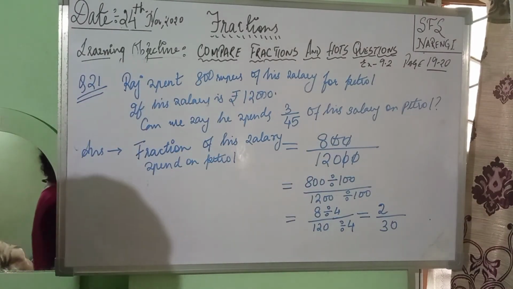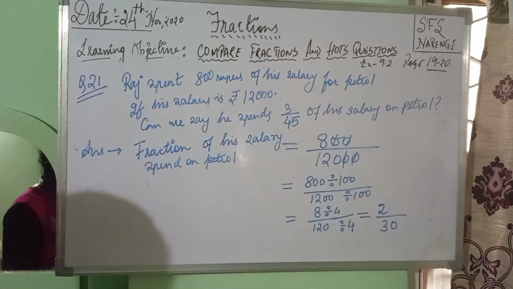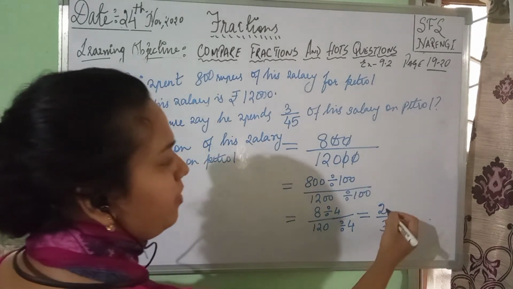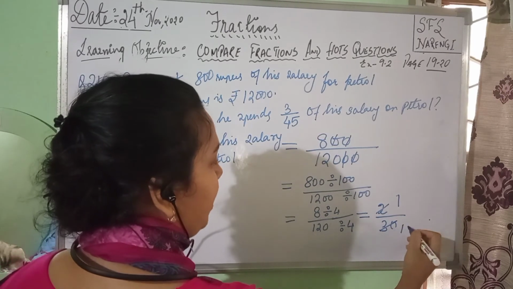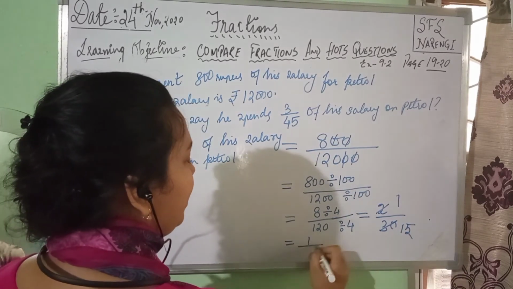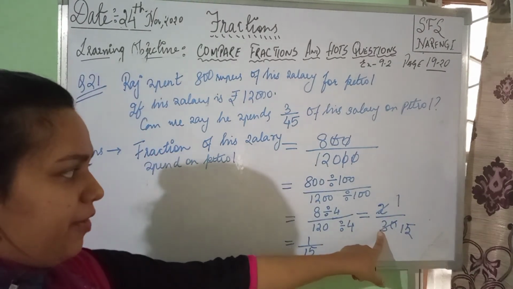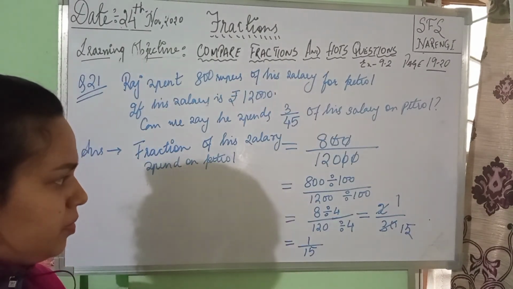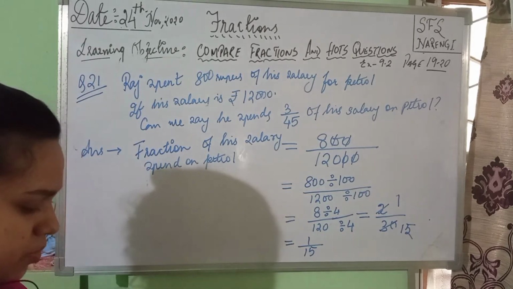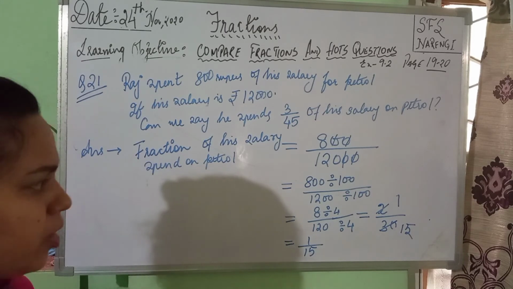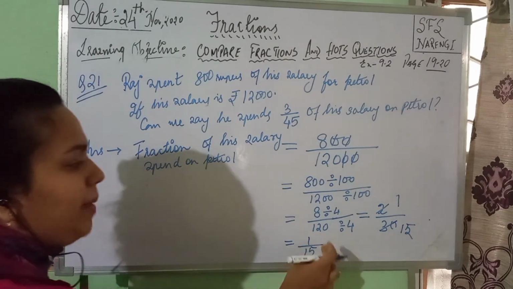Now again, 2 by 30 I can cancel out, right? Yes, I can divide 2 by 2 and 30 by 2, and I will be left with 1 by 15.